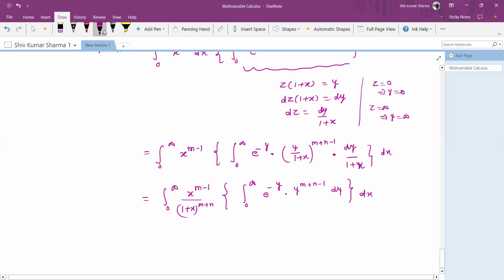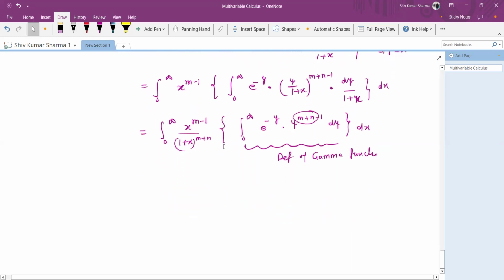Now, for the value of this, again we use the definition of gamma function. So here this equals gamma m plus n.